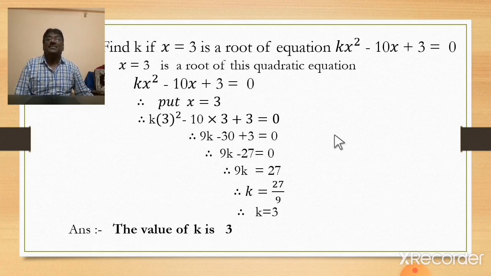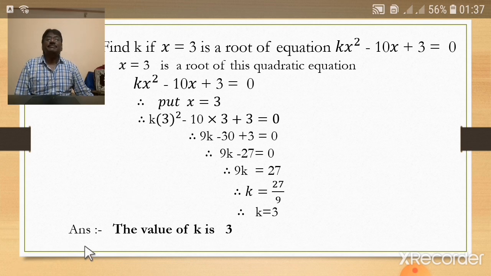There is a fifth example. In this equation, 3 is one of the roots of the quadratic equation. So in this case we know LHS equal to RHS, so we write the quadratic equation as it is. Now we put the value of x as 3.